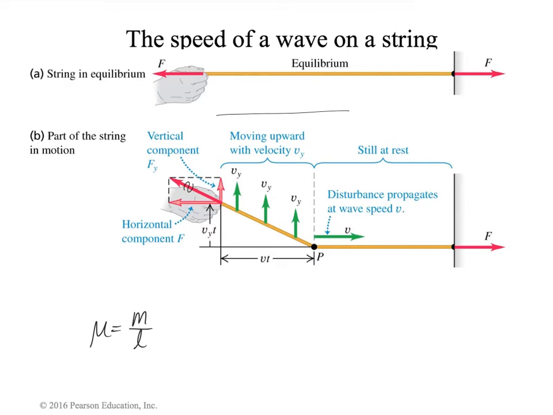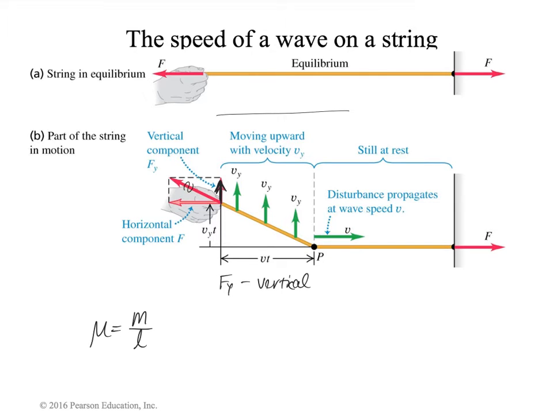To start a wave on the string, you have to apply a vertical force, which we're going to call F sub y. We apply the vertical force at one end of the string, which is going to, of course, cause that string to start moving upward.